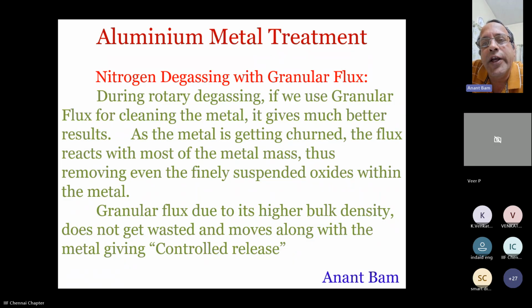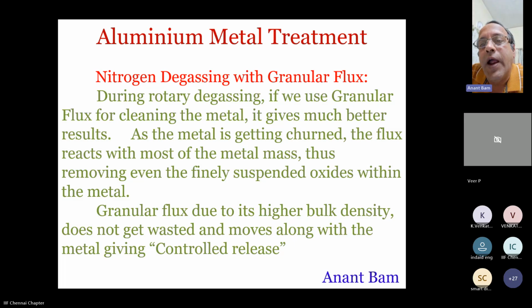Here, in case of rotary degassing, we are churning metal using the rotor, which is against the principle of good melting. So, flux should be present during the total time cycle of nitrogen degassing. Because the flux floats on the surface, it forms a liquid cover layer which prevents contact of ambient air with aluminum metal.